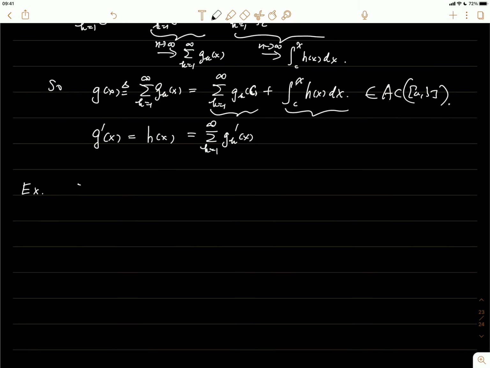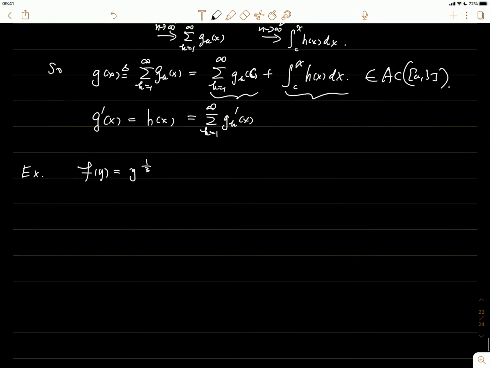The example is that if we set f(y) to be the cube root of y, and then we set g(x) to be x cubed cosine(pi over x cubed) if x is between 0 and 1. If x is equal to 0, we set it to 0.